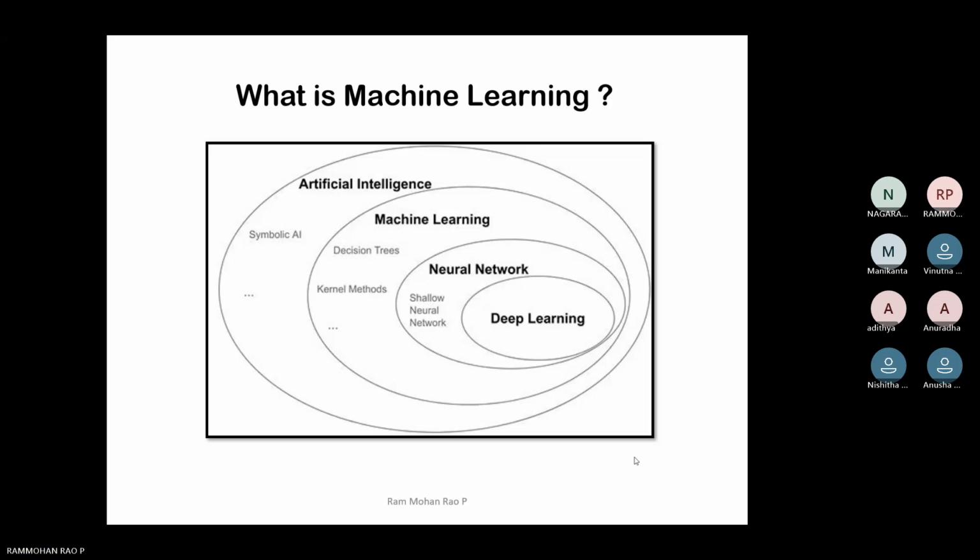But AI became popular only in the last 10-15 years. The reason is the technologies which were applied in the past. If you see that Venn diagram, you have something called symbolic AI, and there was fuzzy logic, search and sorting techniques, and propositional logic.